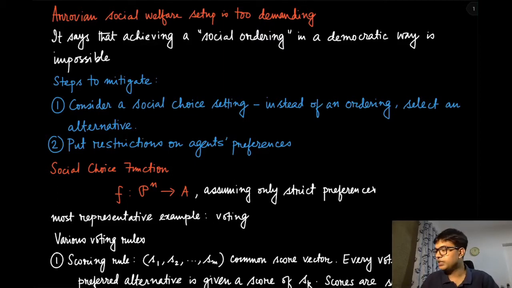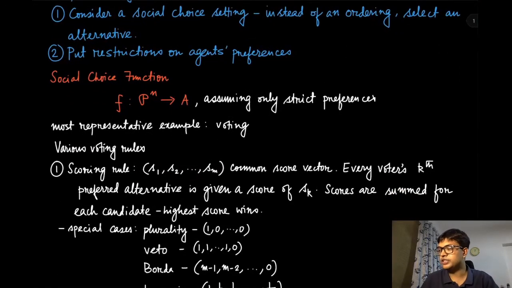So this brings us to the setup of the social choice function. The function that we'll be focusing on in this setup, the social choice setup, is what is known as the social choice function. Notice that the left hand side remains the same. The only difference is that now we are only considering strict preferences. Let's assume that for now.